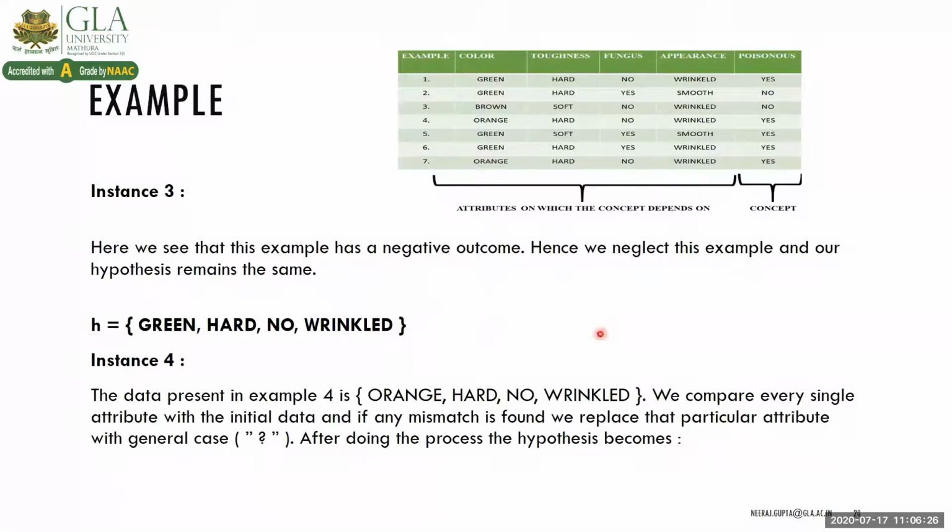In the case of the fourth instance, orange, hard, no, wrinkled, the concept is yes. We had green earlier and it is now orange, so we take a question mark. Otherwise, everything is the same: hard is the same, no is the same, wrinkled is the same. Clear?